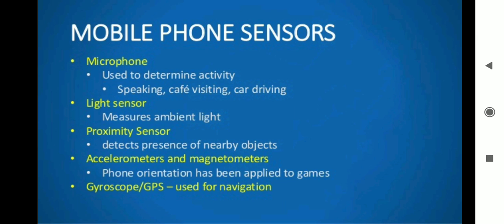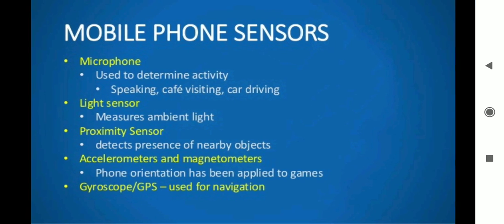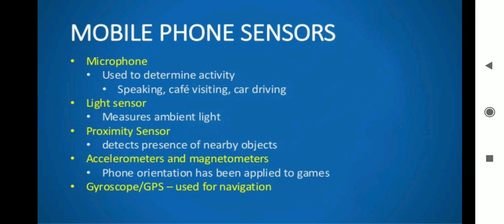Next important sensor is the Hall effect sensor. The function of the Hall effect sensor is used in smart cover mode, where your phone automatically locks the screen when you close the flip cover and unlocks the screen when you open the flip cover.